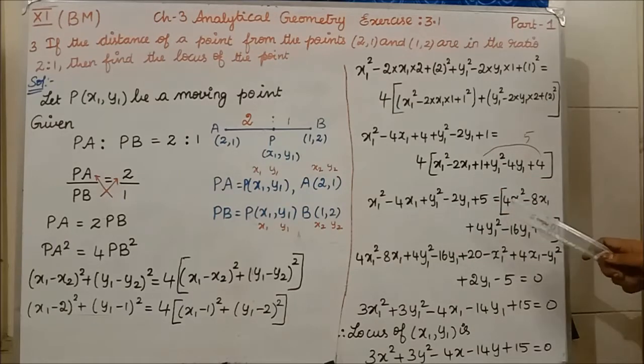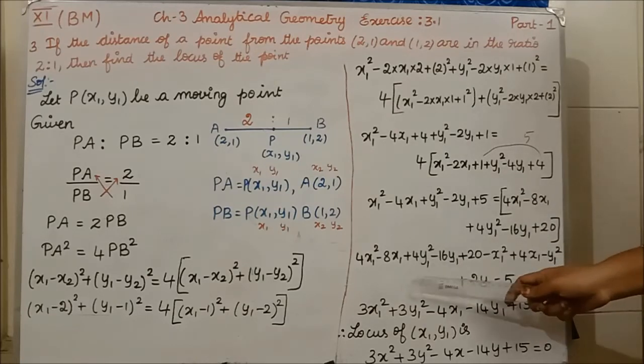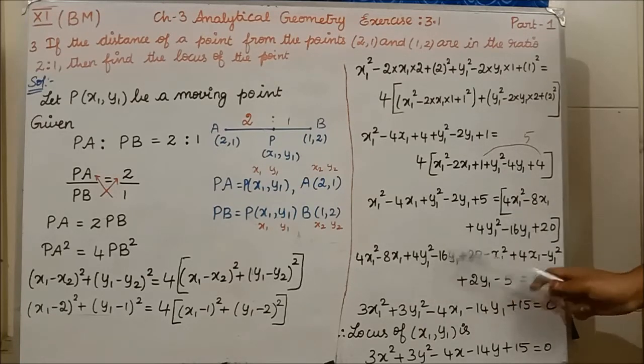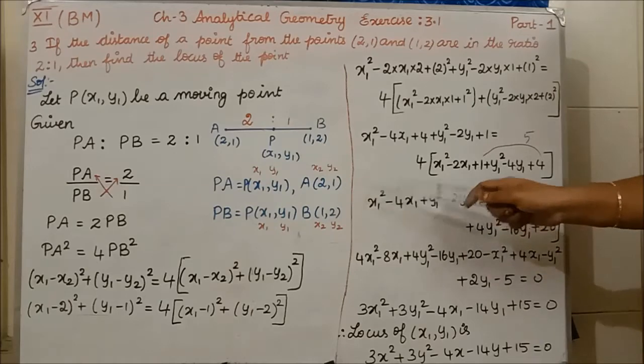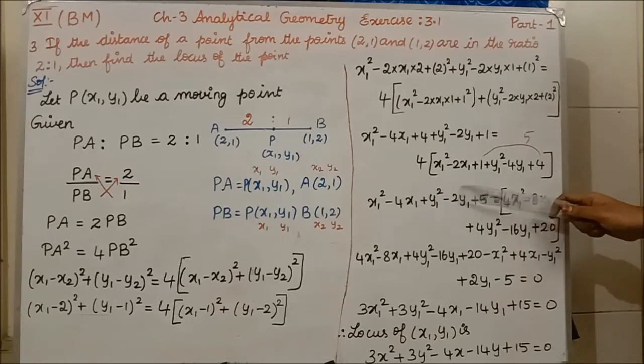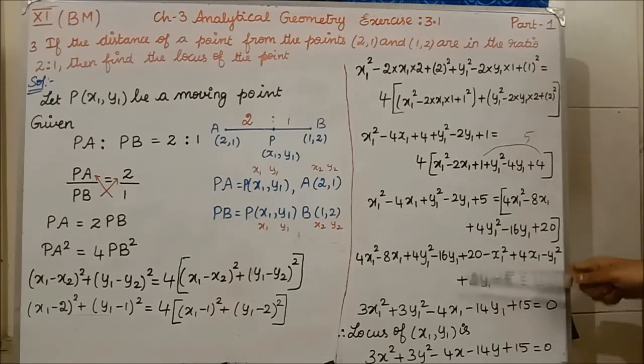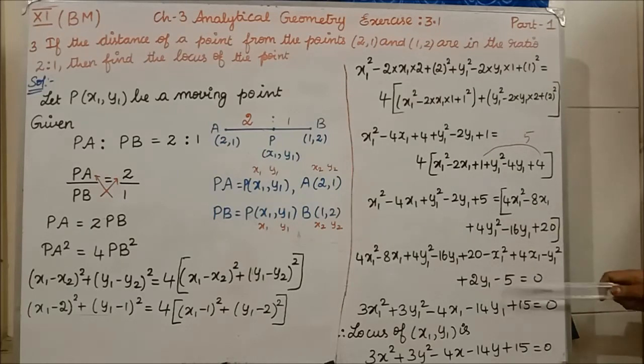So I write 4x1 square minus 8x1 plus 4y1 square minus 16y1 plus 20 minus x1 square plus 4x1 minus y1 square plus 2y1. Here there was a minus, so it becomes plus; here plus 5 becomes minus 5, equal to 0.